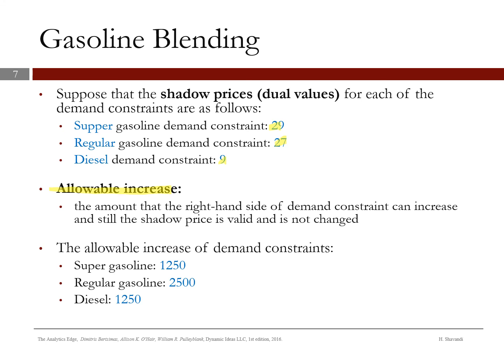If the super gasoline demand increases by 1,250 barrels, the shadow price of 29 would be valid, and for regular gasoline, it's 2,500 barrels. And by having that much increase, still the $27 as the shadow price of this constraint is valid. And for the diesel one, it's 1,250, okay?